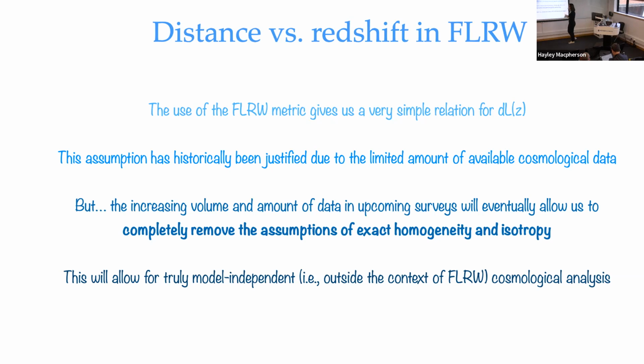But we're getting a lot more data these days, and both the increasing sky volume and the sheer amount of data mean that we will eventually be able to remove some of these assumptions, and hopefully completely remove the assumptions of exact homogeneity and isotropy from these constraints. This will allow for truly model independent constraints. So now hopefully you see why I had the quotation marks around model independent for our Hubble parameter constraints, even outside of the context of the FLRW models.